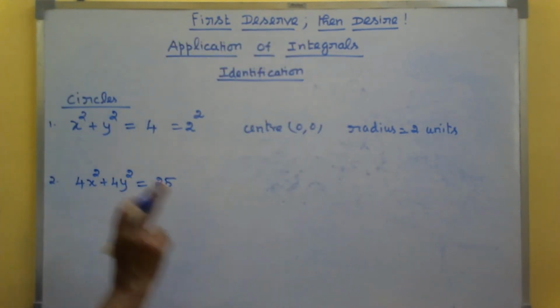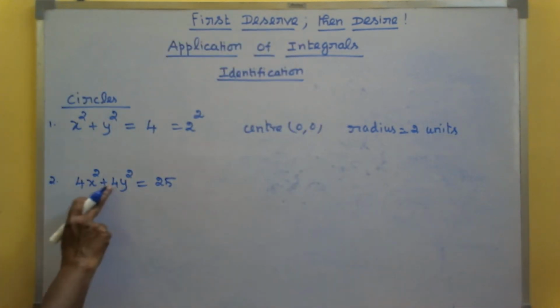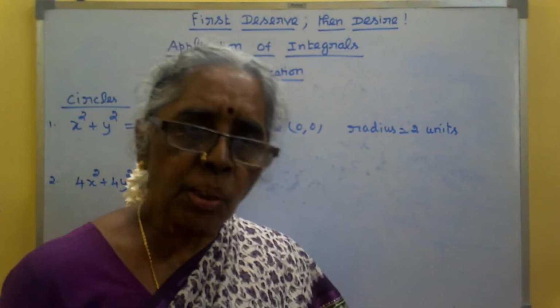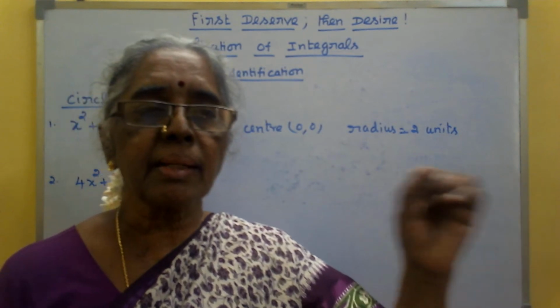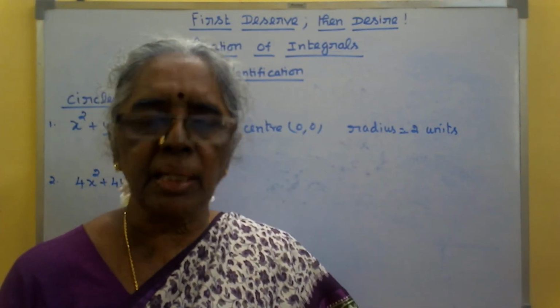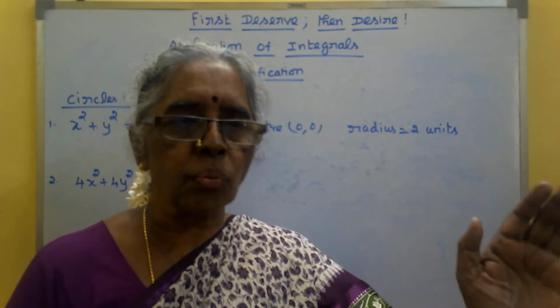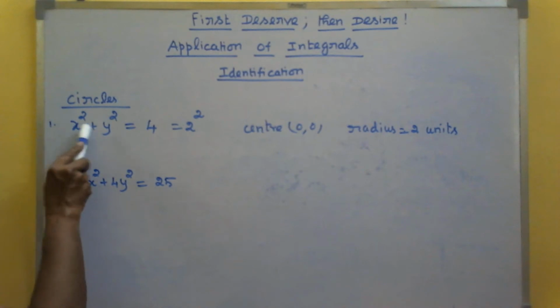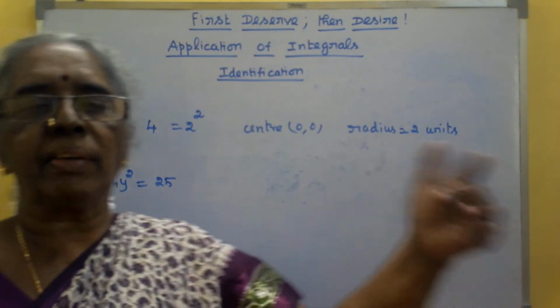Okay. Now see the second equation. 4x² + 4y² = 25. This also represents a circle with the center (0, 0). But you cannot find the radius straight away because the coefficients of x² and y² are here not 1. So you should have 1, then only you can straight away write the radius.